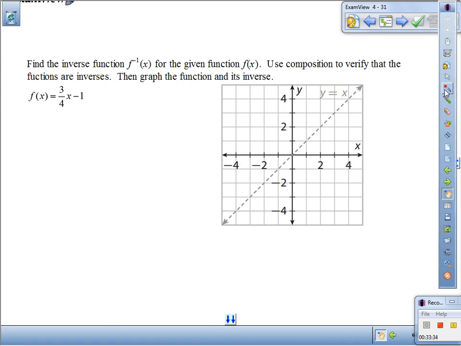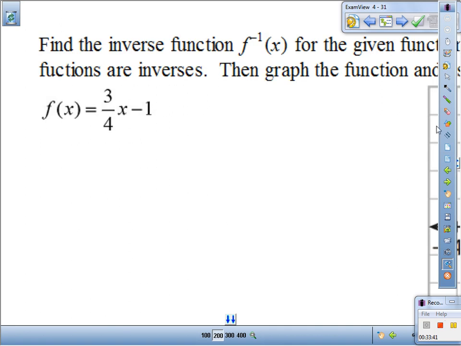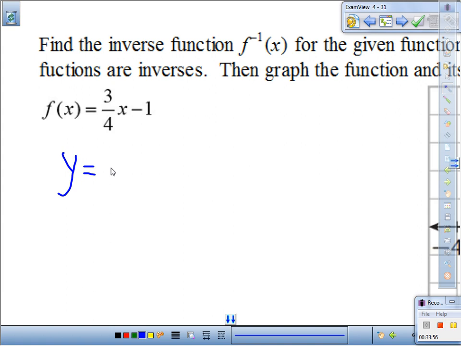So, what is the first step to doing the inverse? Let's see. Everyone? Very good. We change f of x to y. Come on, people. y equals 3/4 x minus 1.